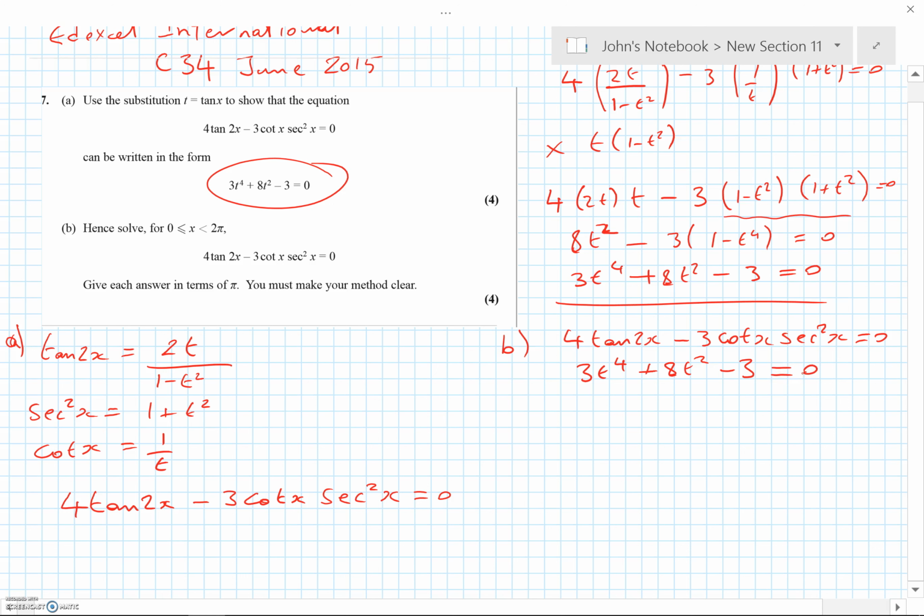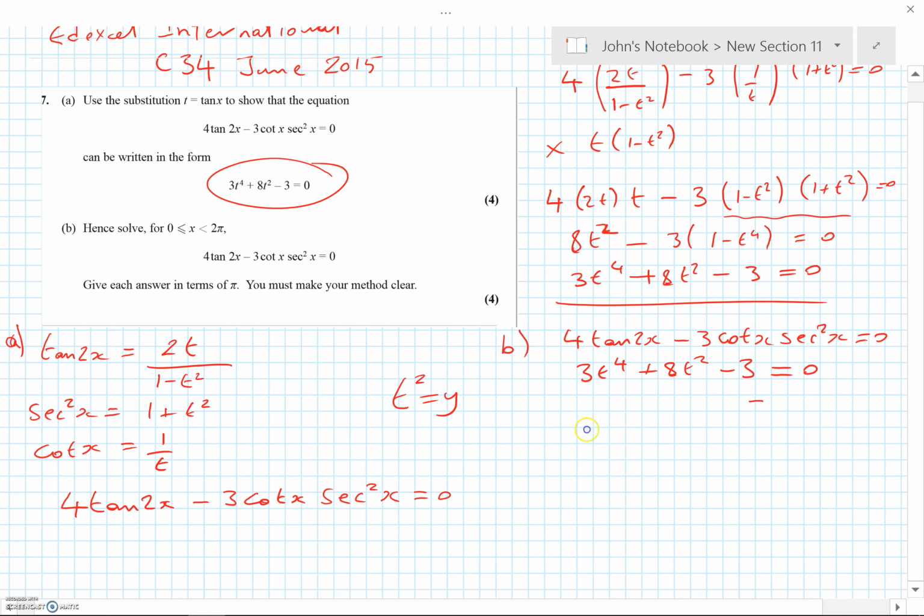Now that factorises. Some people are a little bit uncomfortable with the t to the 4. So feel free to reduce this to y squared, or let t squared equal y if you want, and then do 3y squared plus 8y minus 3 equals 0.